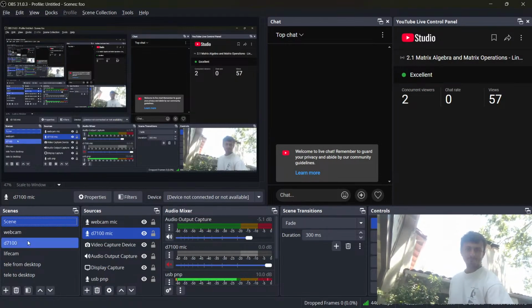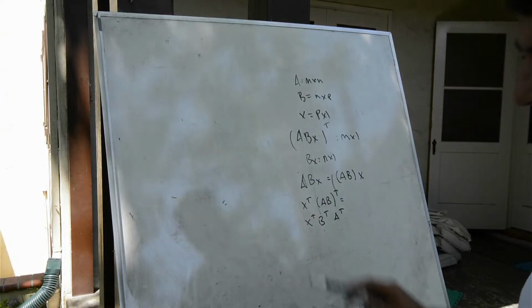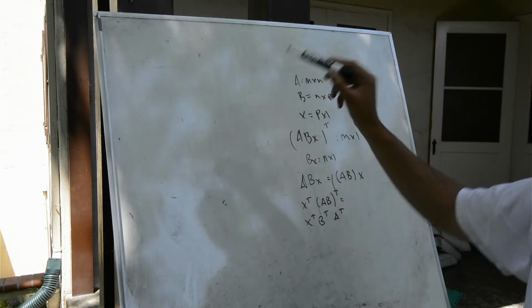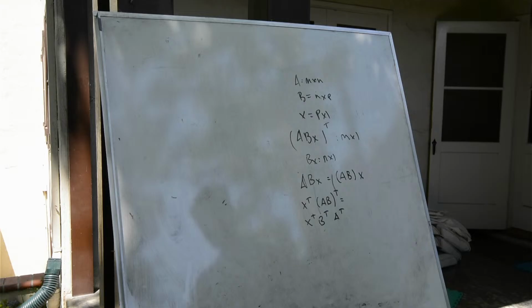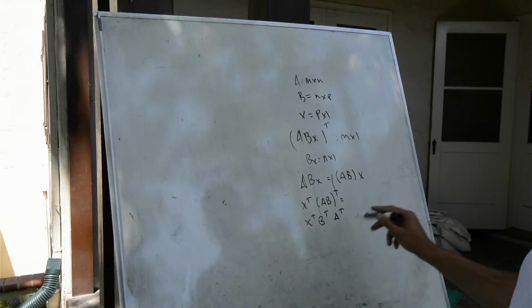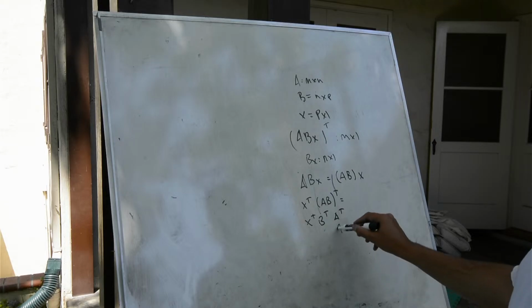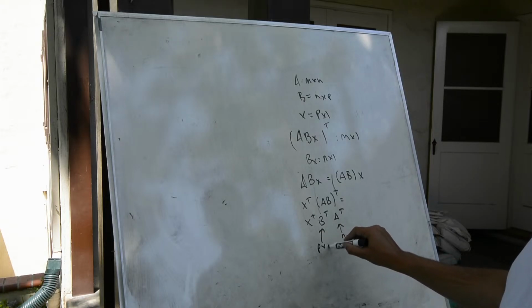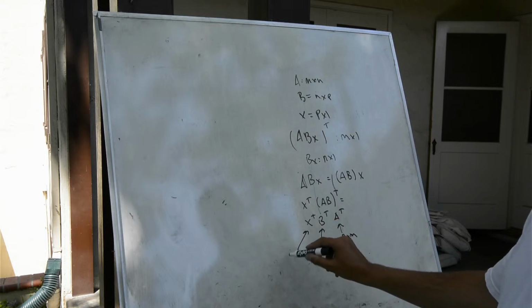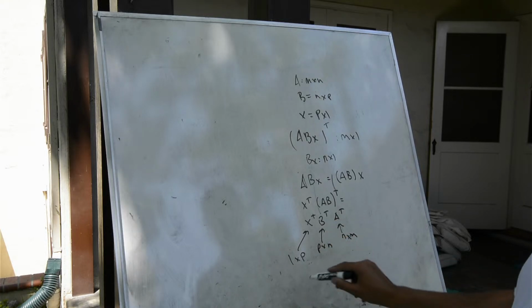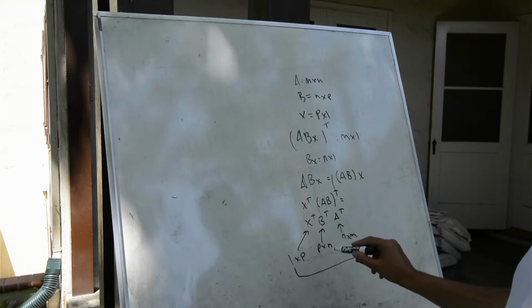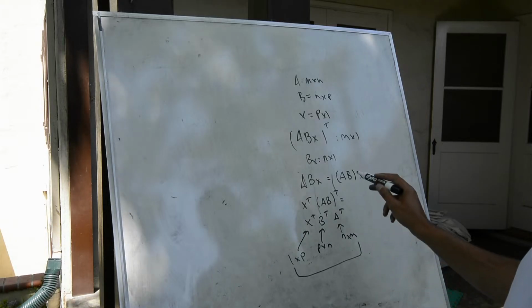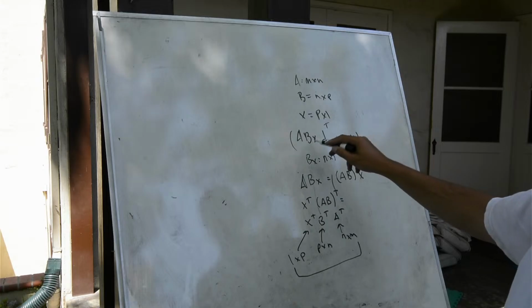I think we're gonna ask ChatGPT, but I'm pretty sure that for problem 42, which says give a formula for (ABX) transpose, this is going to be n by m, this is going to be p by n, and this is going to be p. So then we get a 1 by, and this is m by 1.